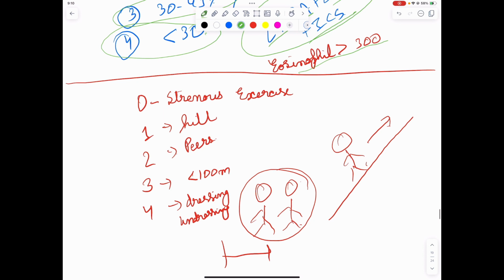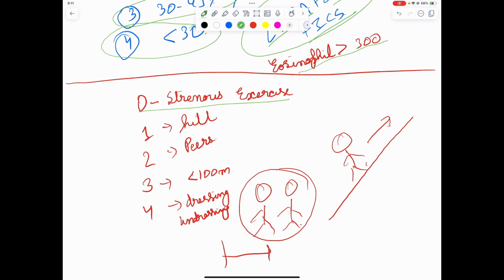Now, how will you grade the difficulty in breathing? If he is able to carry out strenuous exercise, then it will be category 0. If he is able to go up the hill, but not convincingly, that is, he feels a little bit of difficulty in going up the hill, that is grade 1.